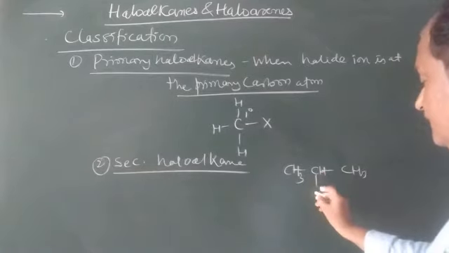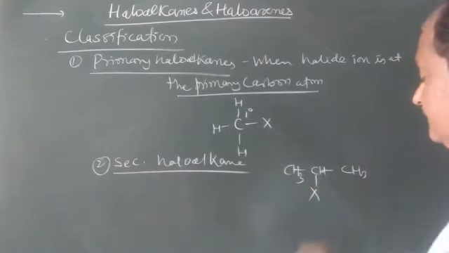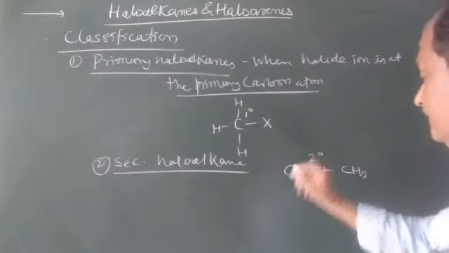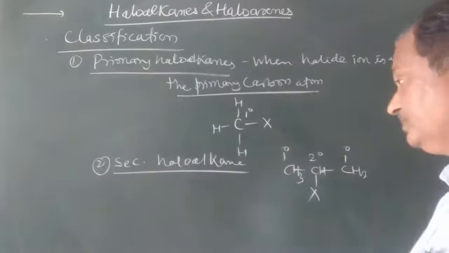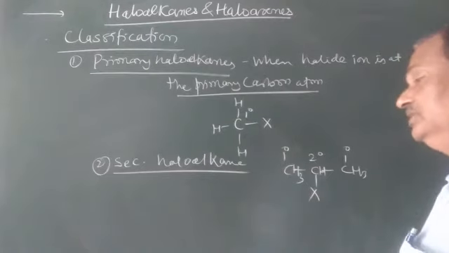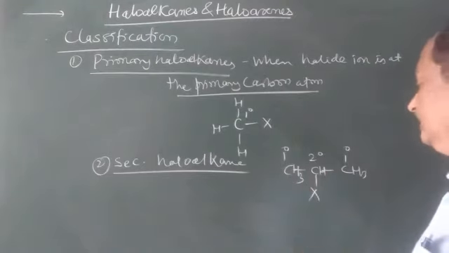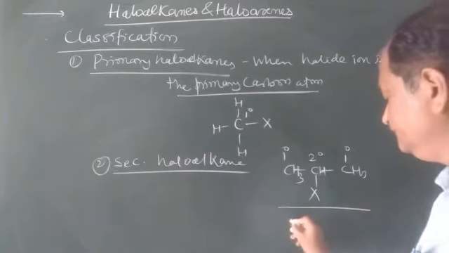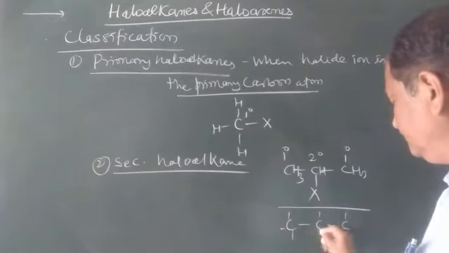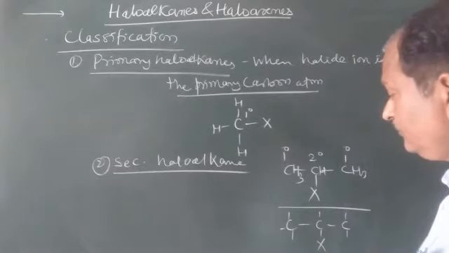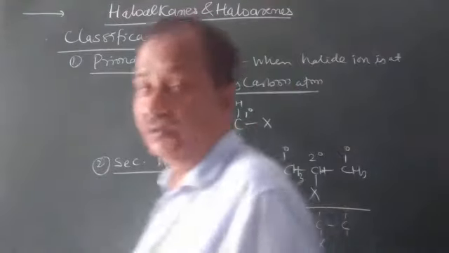This carbon is said to be secondary, this carbon is primary, this carbon is primary. So this is the secondary, with two adjoining carbons. This is the secondary haloalkane.